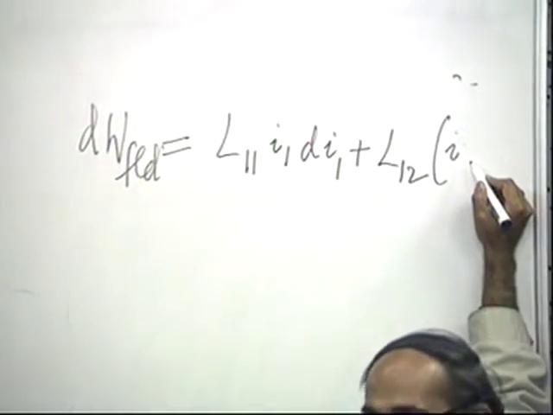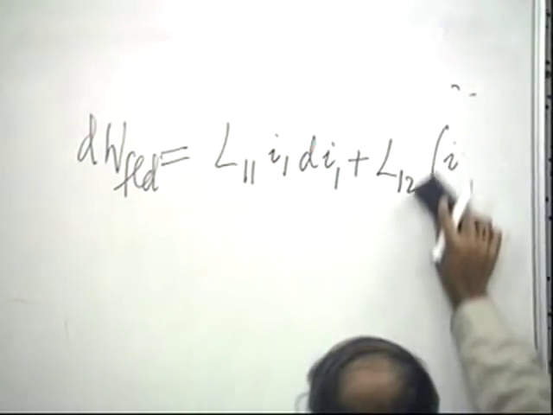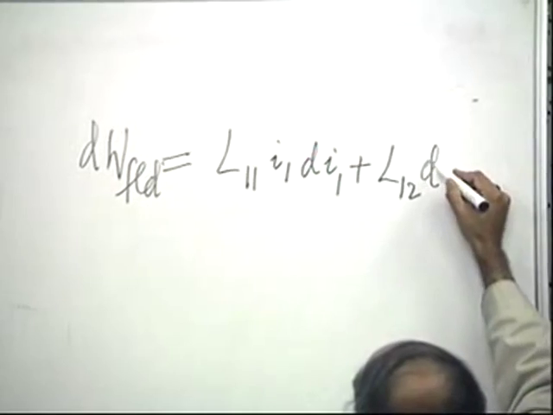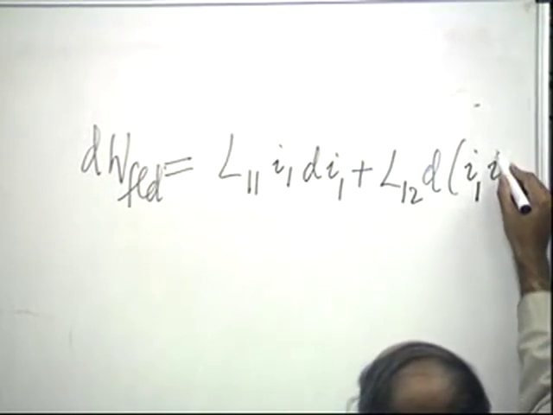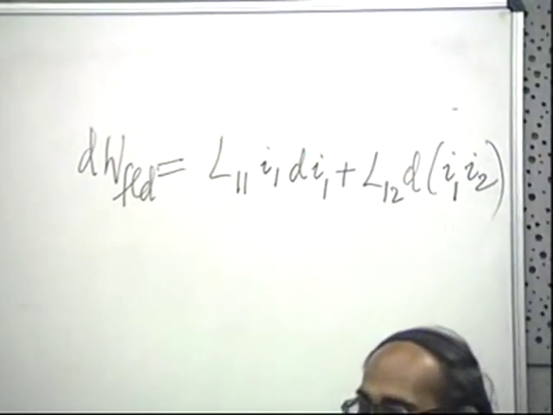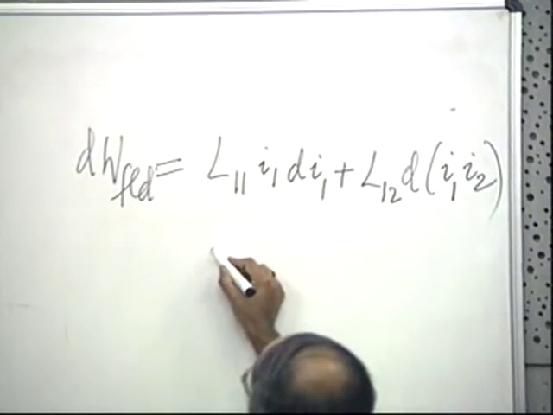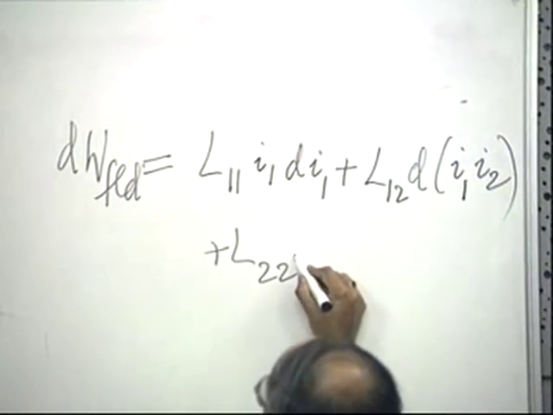Therefore, we can write this as d of I1 I2, plus L22 into I2 di2.